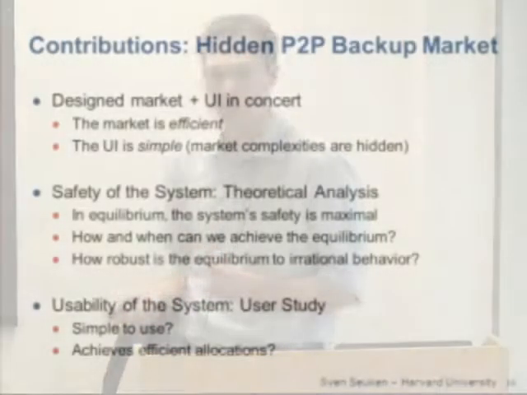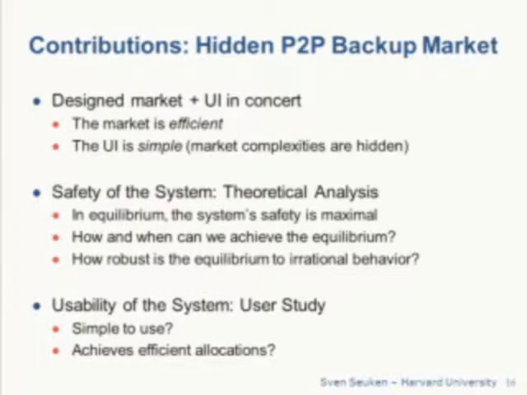When you said the market is efficient, your first bullet, and then you said safety in your second main bullet. Is that the same thing? I suppose I'm trying to connect the first summary.